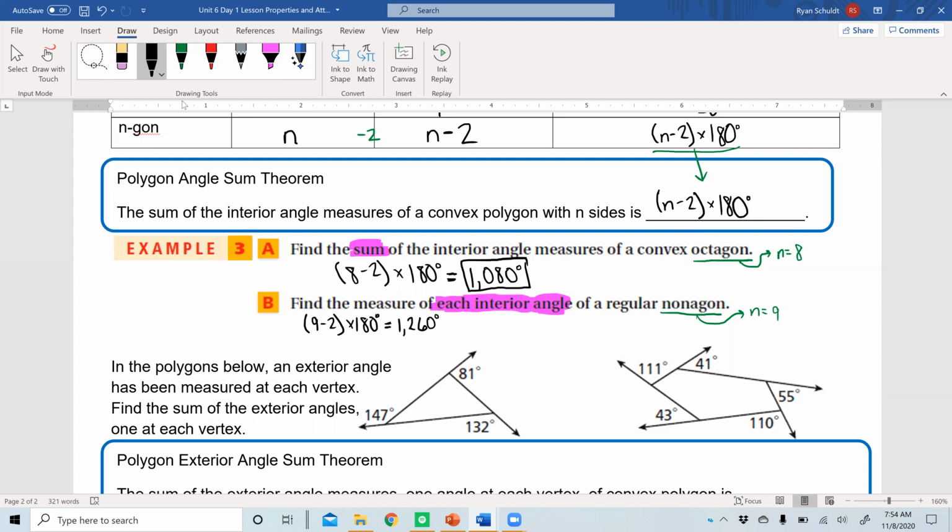So I have to divide this 1260 by 9 to get each angle. 1260 divided by 9 is 140 degrees. So there's that one.